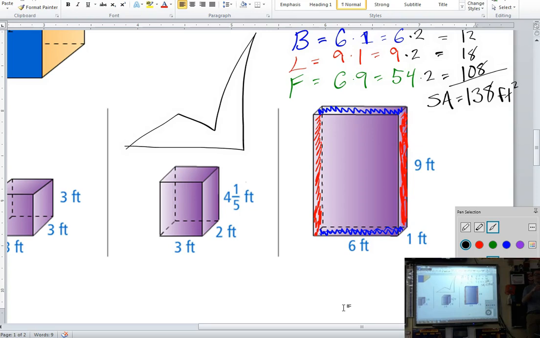So if these side lengths are equal, what can I say about these rectangles? They're all equal. So if you have a regular base, this is not a regular base. My side lengths are not equal. If you have a regular base, calculate one lateral face and just multiply by how many you have.